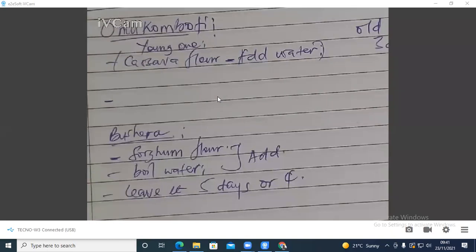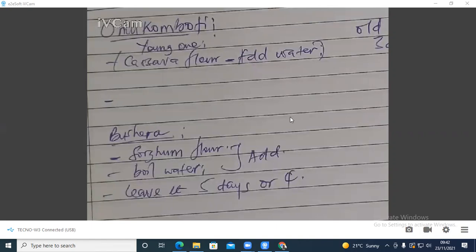Now, what about those people who keep them in the bottle? Can't it change into alcohol in the bottle? It needs sugar. There are different ways of preparing them. You can prepare it and it just becomes sweet or bitter. Sugar helps in the making of alcohol.